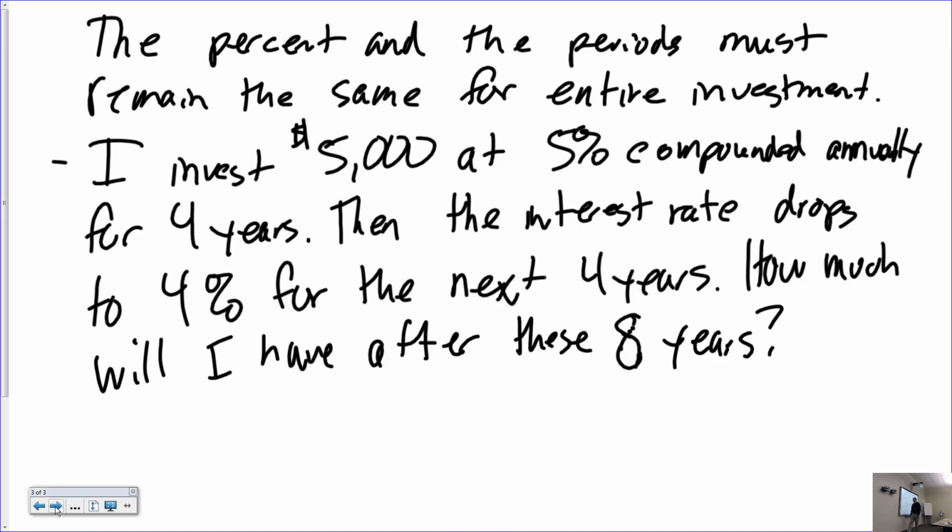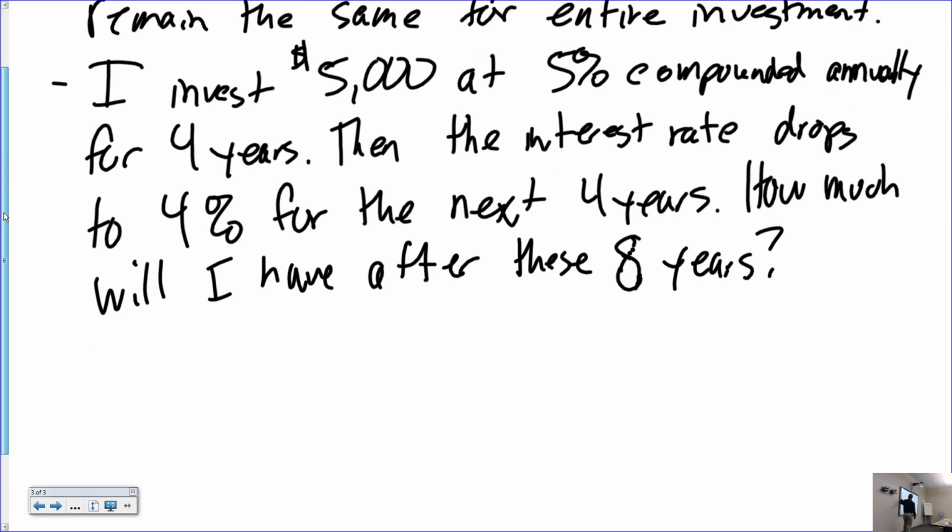So, how do you think we would do this problem, folks? Two separate problems, very much so. So what am I going to do first? The first one.